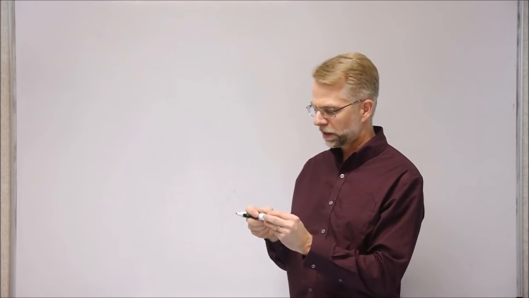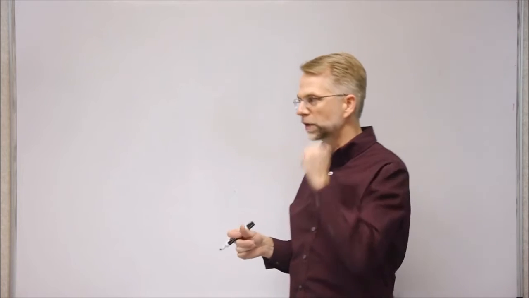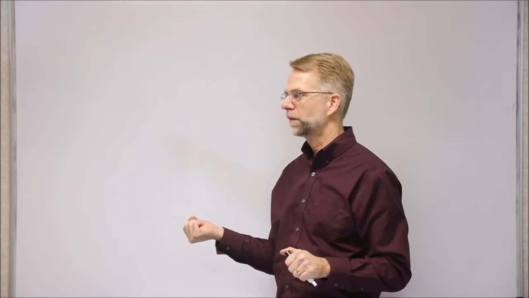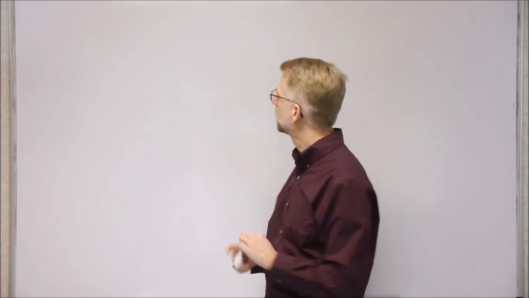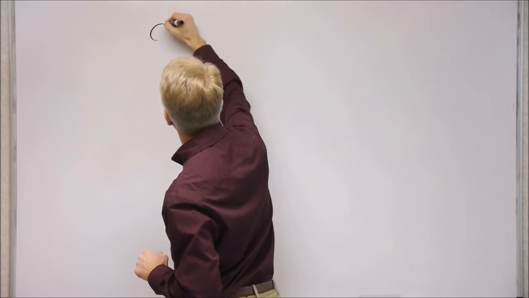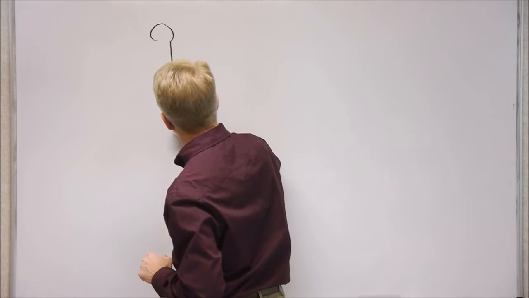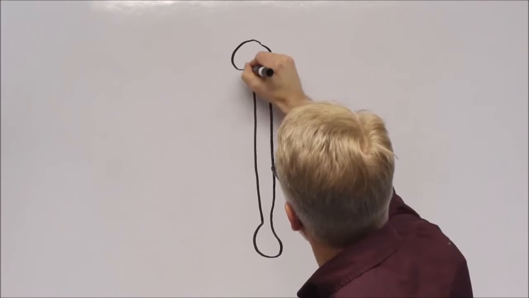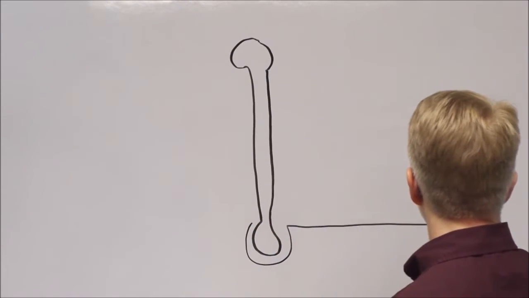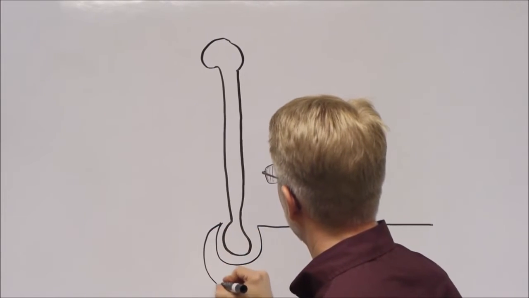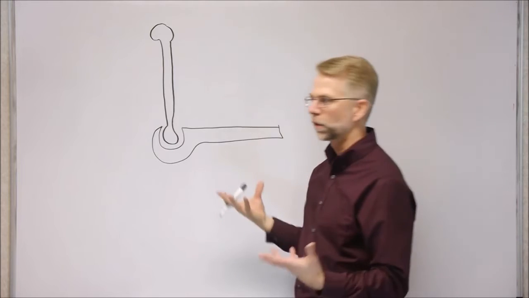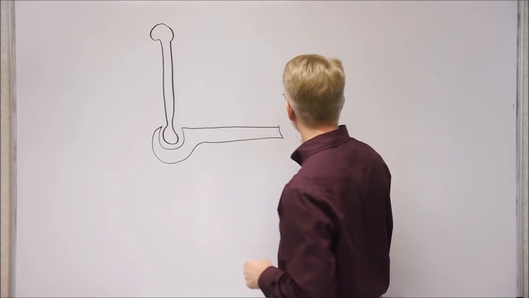So in the human body, let's look at how this would apply, for example, to somebody lifting something up in their hand, flexing their elbow. First up here we have a humerus, and down here we're going to have the ulna. Actually, I think we'll just look at that as the forearm, ulna and radius together.